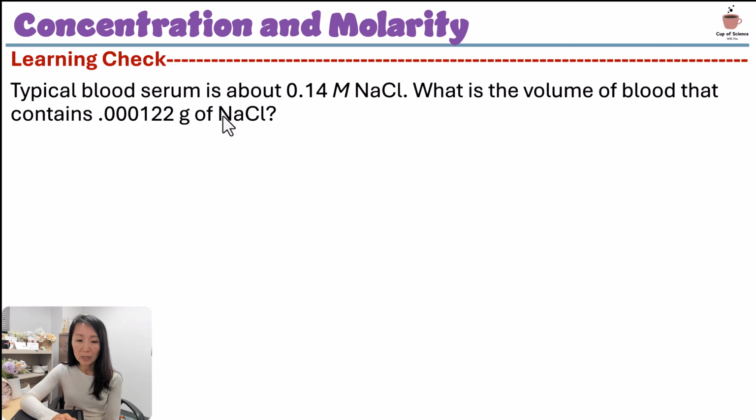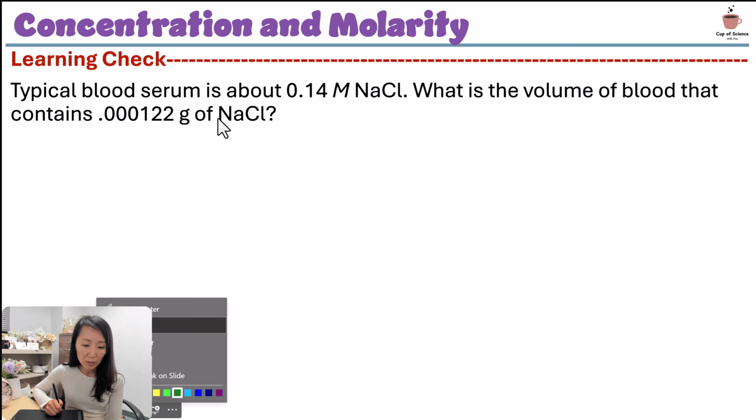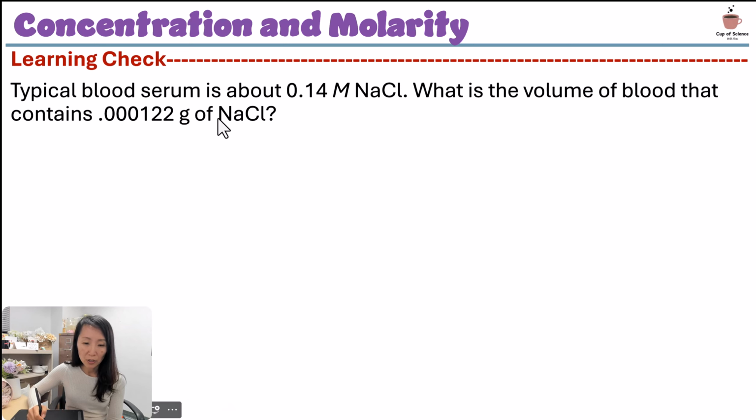So what do we do? We know that from the molarity equation, we have some information. So molarity is equal to moles over some kind of liter. We definitely have the molarity here. We're looking for that liter in volume, but we don't have the moles.